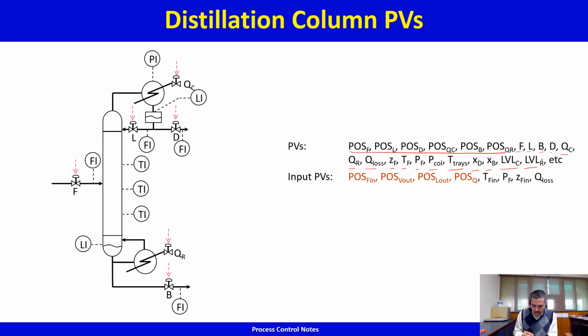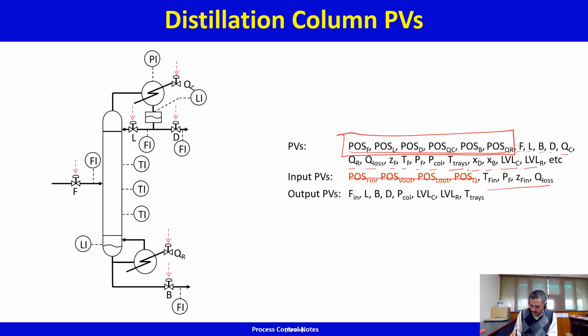What are my input process variables? Fin, oh, this is not correct. Actually, these should be my input process variables. These are my input process variables, and then of course this is also an input process variable. So this guy should go. What are my output PVs?